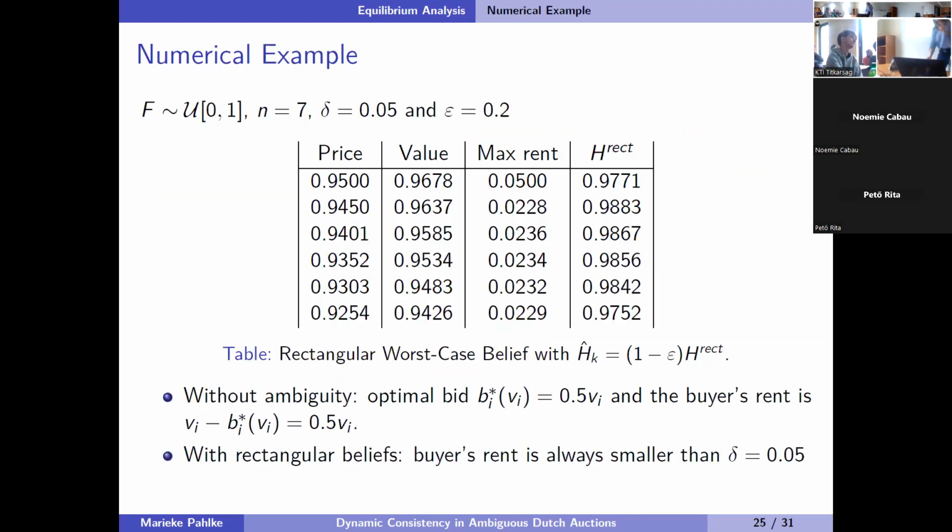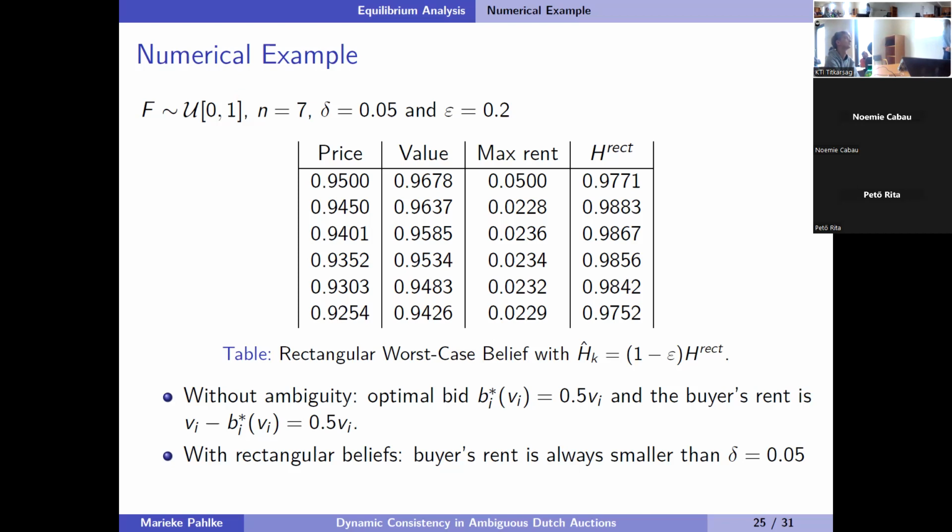Let me show you an example. That's just a uniform distribution. There are just 7 rounds, so you see we don't cover all the types here. Otherwise it's getting a mess with the computation. This here tells you the lowest type who would accept this price. So any type with a valuation between 1 and this 0.9678 will accept the price 0.95. And so on, any type between these two values will accept this price.